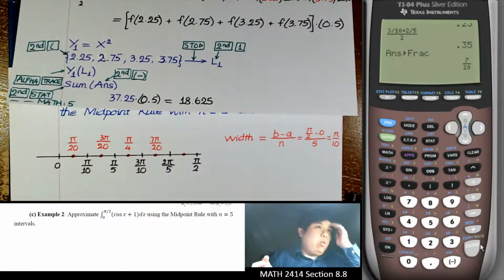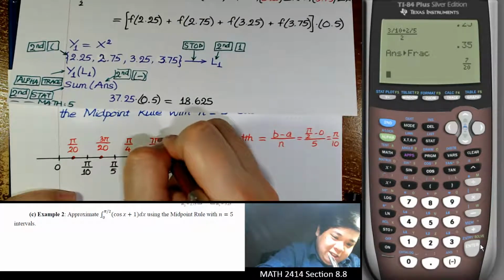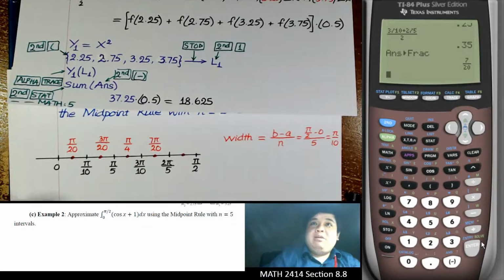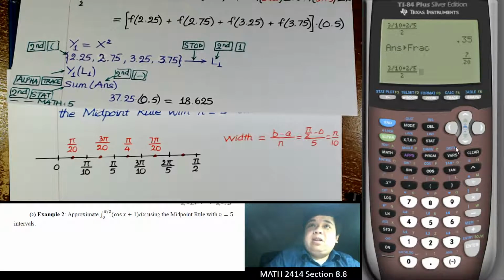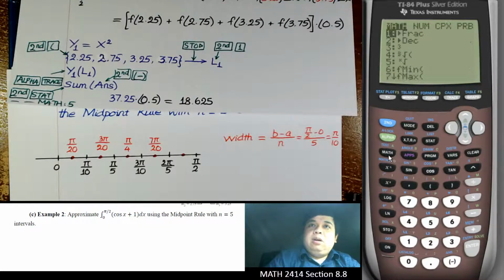There is a more generic way to do this, but I just want to do this by hand first, so you get the feeling of what we have here. We have that, and then 2 pi over 5 and 1/2, nine over 20.